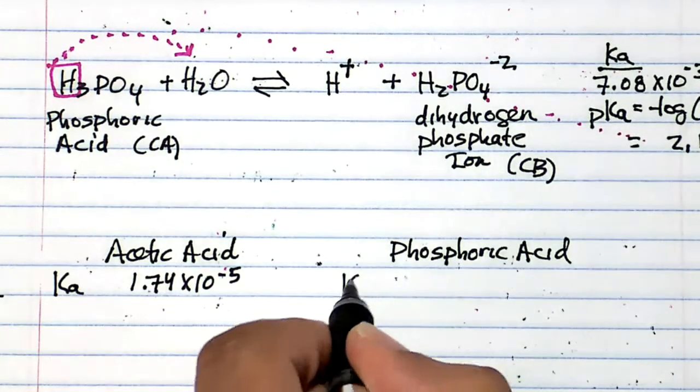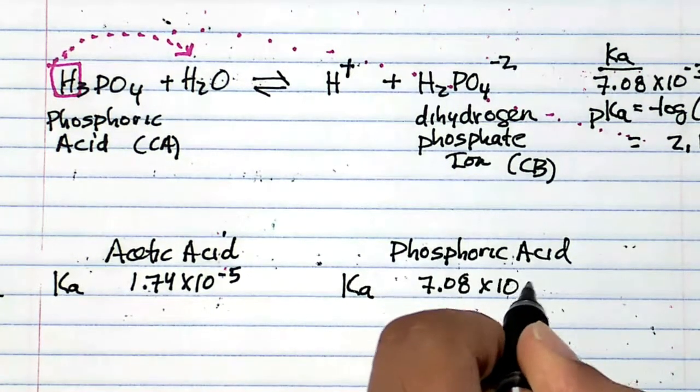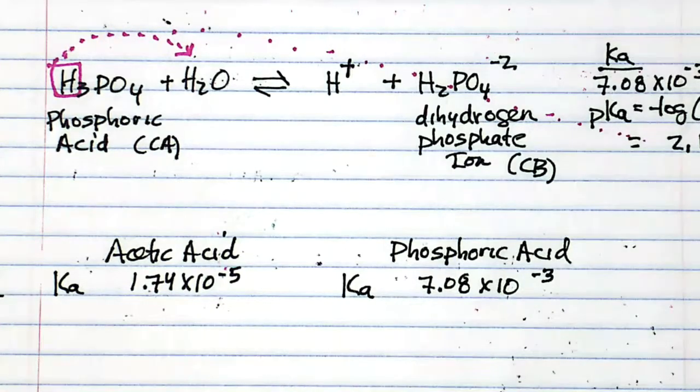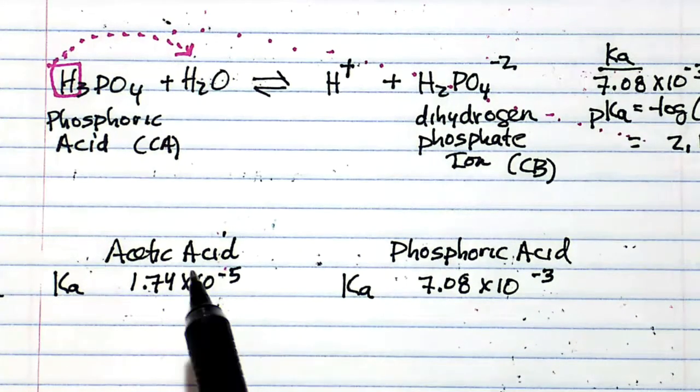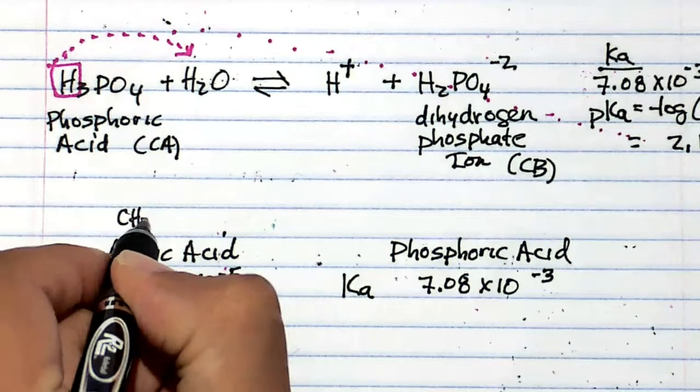And then the Ka for phosphoric acid is 7.08 times 10 to the minus 3. So which reaction actually favors the production of H+? This is the question you should be asking yourself. A reaction whose equilibrium constant is 10 to the minus 5, or a reaction whose equilibrium constant is 10 to the minus 3?